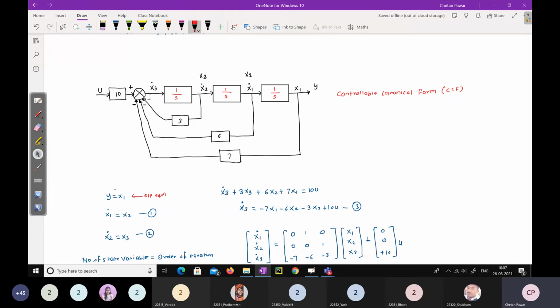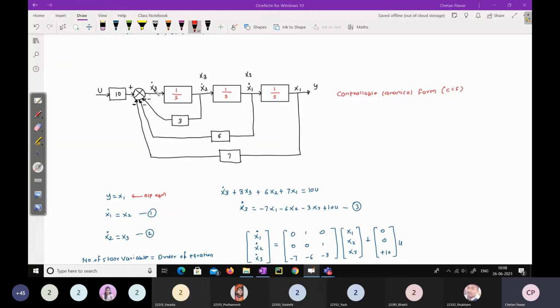Then we will calculate for the states. So x1 bar is equal to x2. Then x2 bar is equal to x3. This is the second equation.